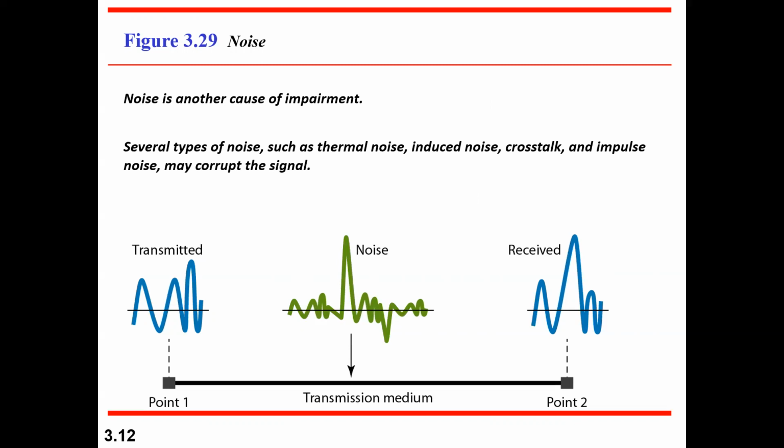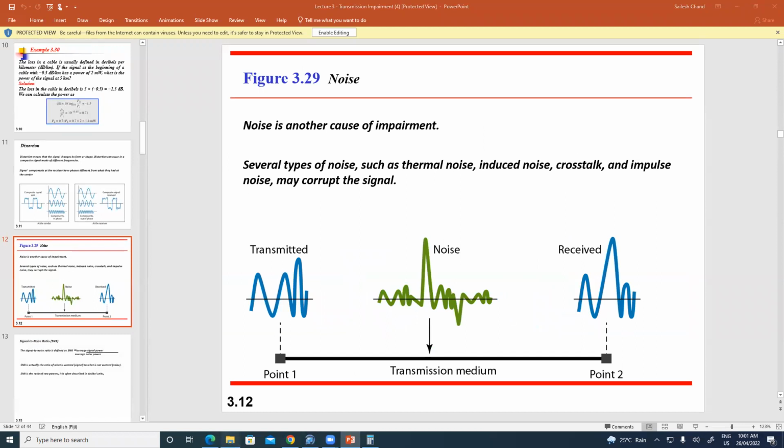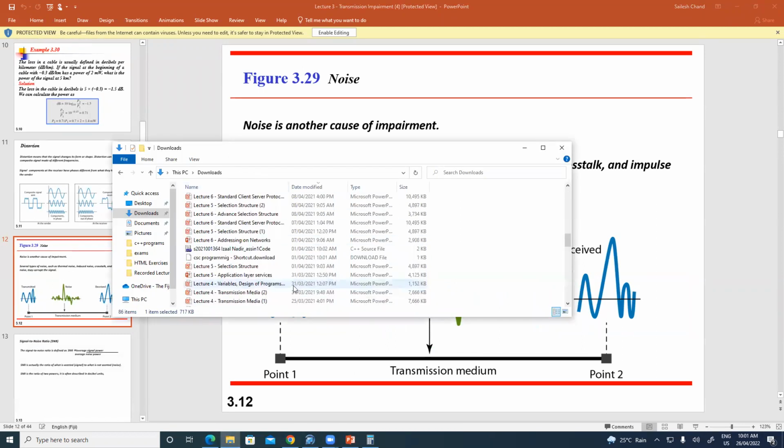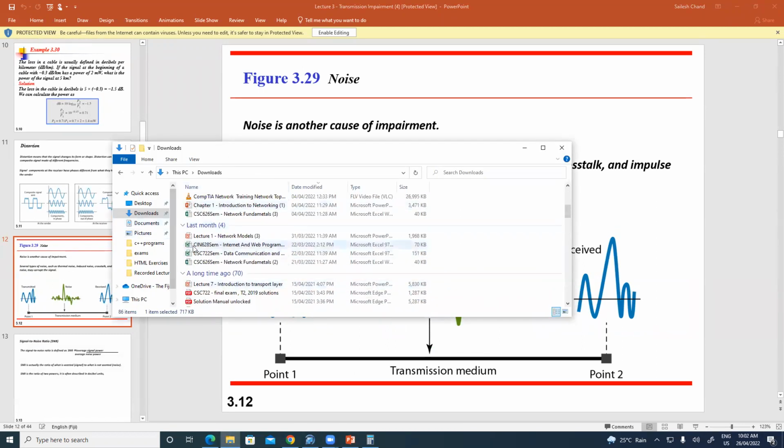Just see the diagram, how it takes place here. Again, similar to distortion, the noise is introduced into the channel due to the use of heavy motors and other frequencies that affect the transmission. Just for your further clarification on that.